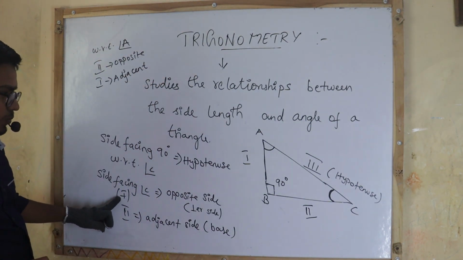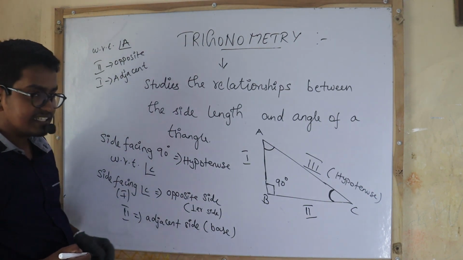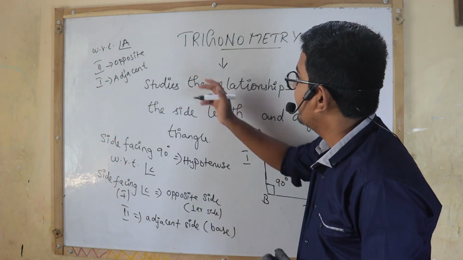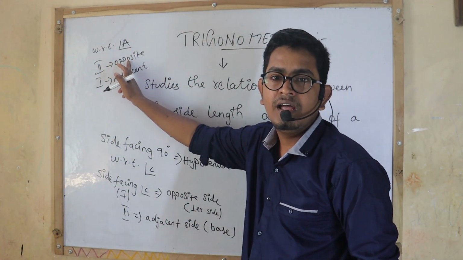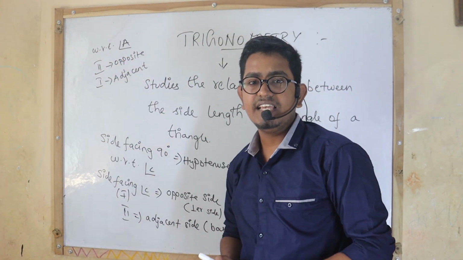Before, the first one was acting as the opposite side and the second one as the adjacent side. But if I am considering angle A, you can see that the second one is acting as the opposite side and the first one is acting as the adjacent side.